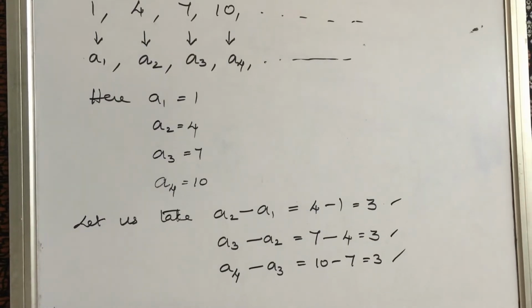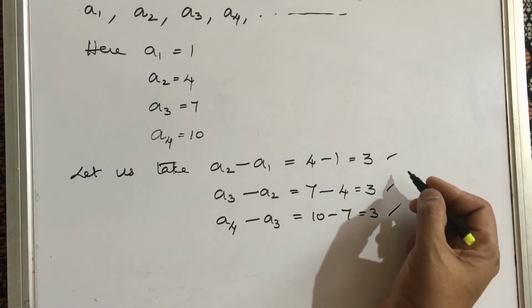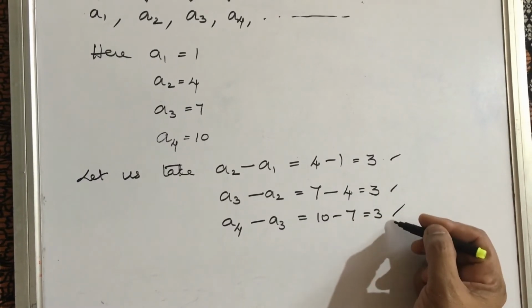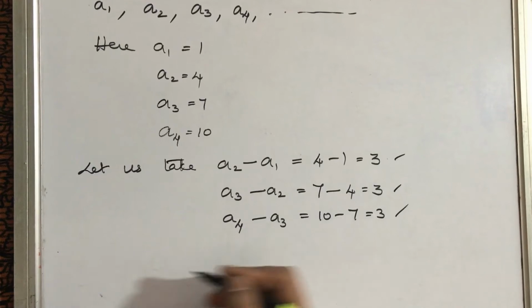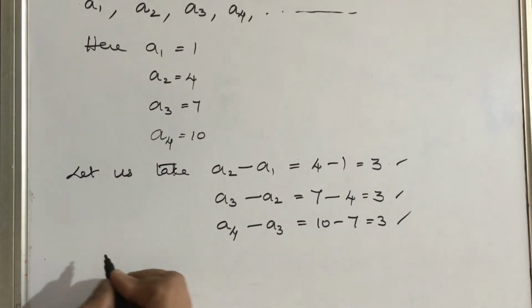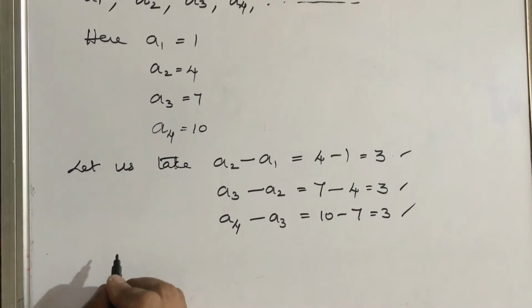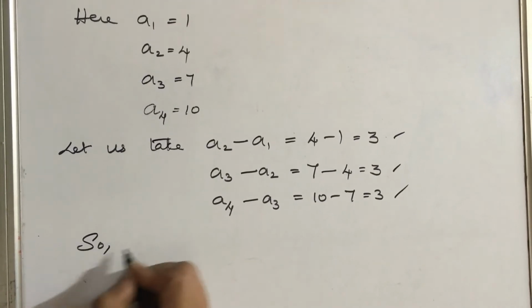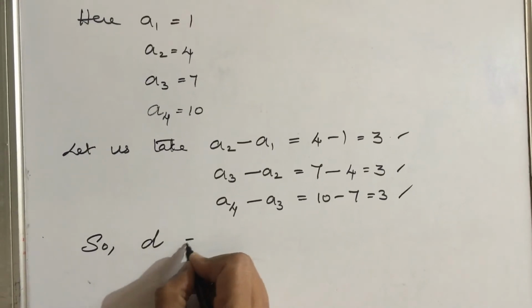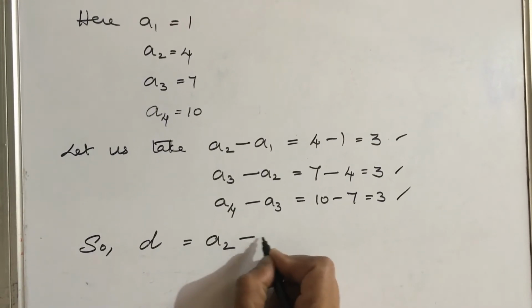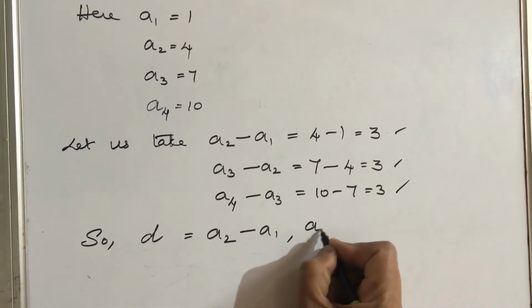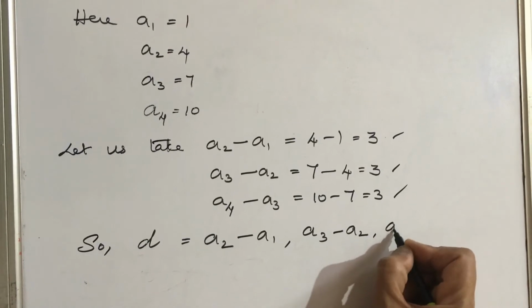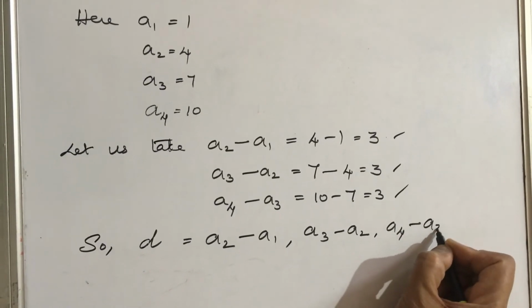As the difference is the same, this is said to be an AP, and we got the same constant difference. As a constant term we got it. This fixed number is what we call the common difference, which is denoted by D. So this D can be written as A2 minus A1, A3 minus A2, or A4 minus A3.